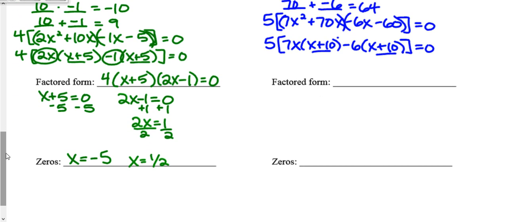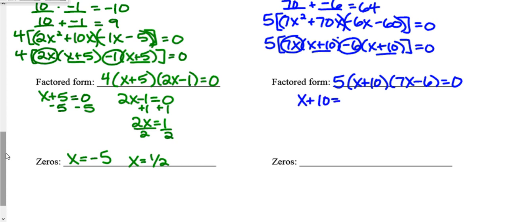So now we can write the factored form. So we have a 5. X plus 10 is our first factor, or one of our factors. It doesn't have to be written first. Our other one is 7x minus 6. And we're going to set each of those equal to 0 in order to solve this quadratic. So I'm going to subtract 10.